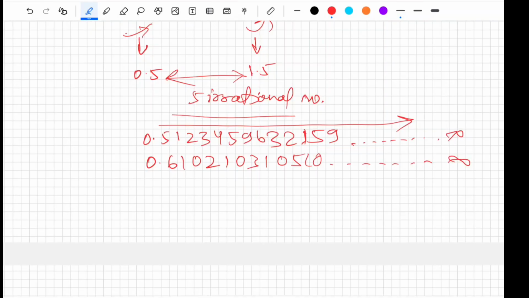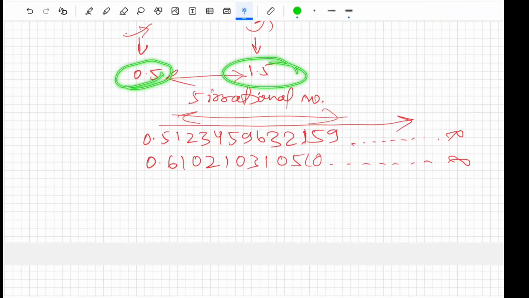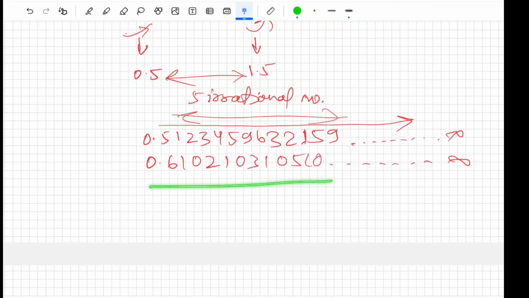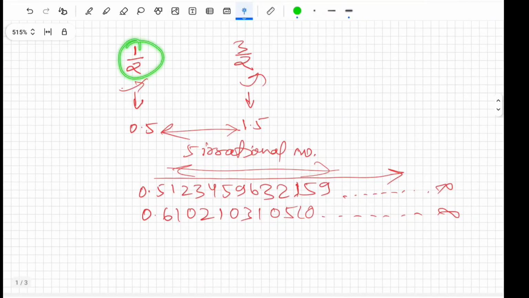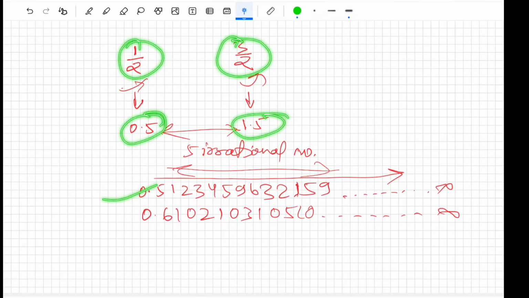You have to consider that your number should be greater than this and less than this, and all these numbers will be considered irrational numbers. So if you are getting questions in fraction form, let's convert into decimal form, then you can do this process.